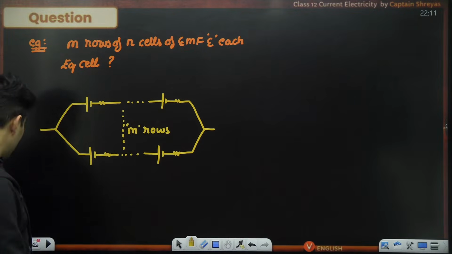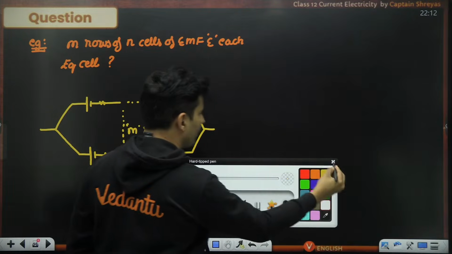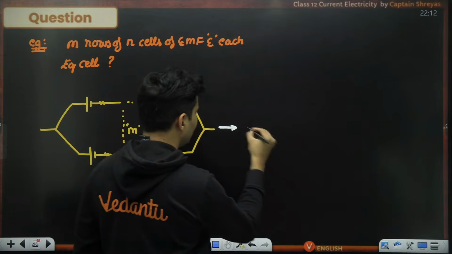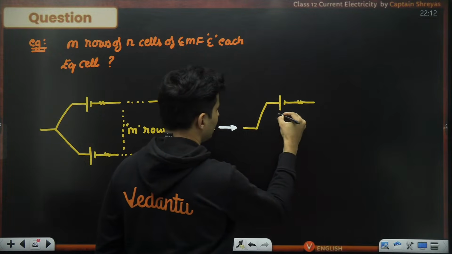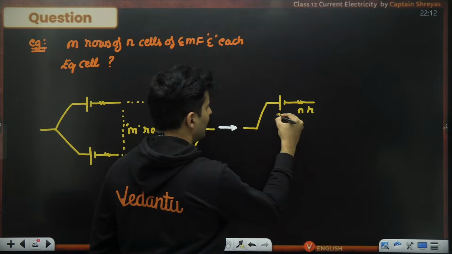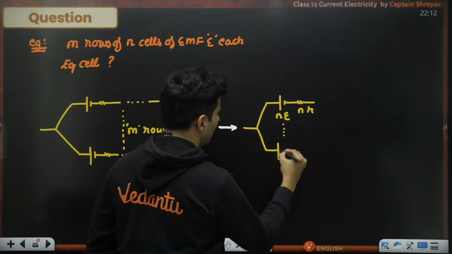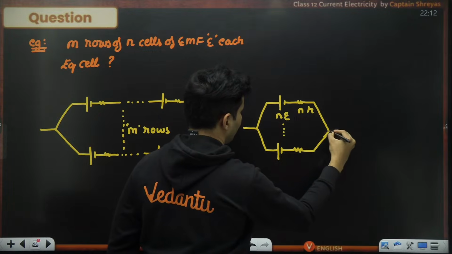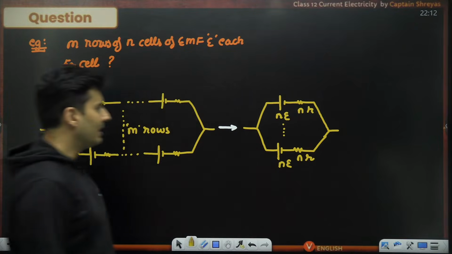Each row we just saw is this much. So it is as good as saying that we have, like this, internal resistance of nR, EMF of n times of E. Is that right?